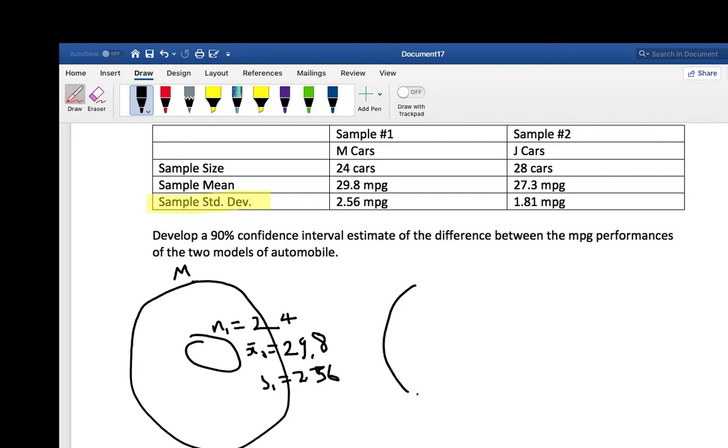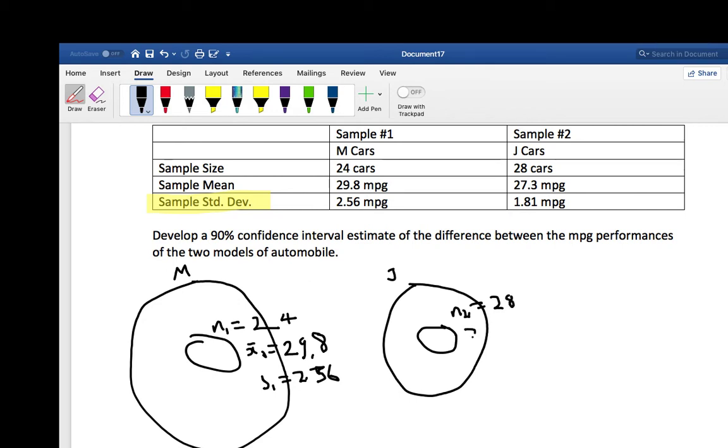And then over here we've got the J cars, and given the second sample, sample 2, it is made up of 28 cars.